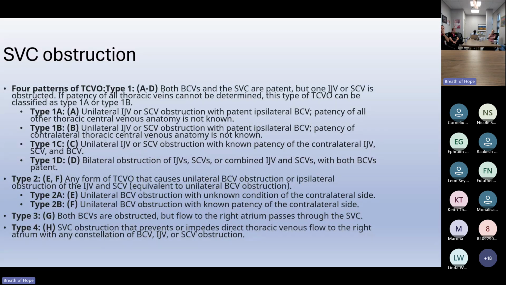In type 2, of course, any form of thoracic central venous obstruction that causes unilateral brachiocephalic obstruction, and again, you have A and B. And of course, type 4, where you have a superior vena cava obstruction that will prevent or impede direct thoracic venous flow to the right atrium, with any constellation of brachiocephalic vein, internal jugular vein, or superior vena cava involvement.